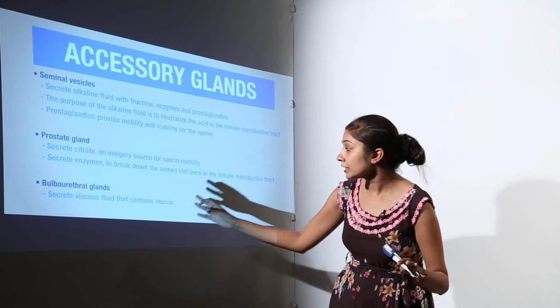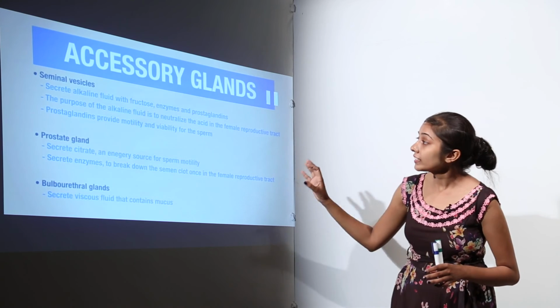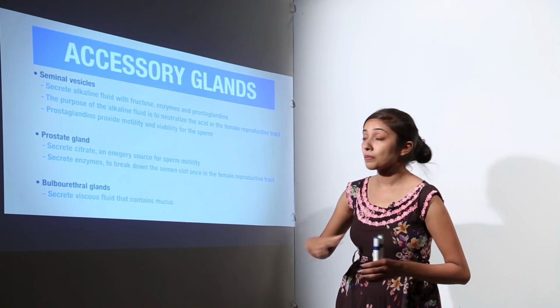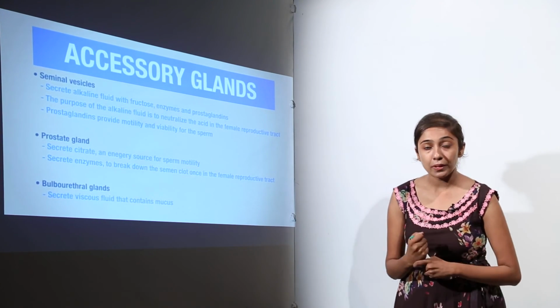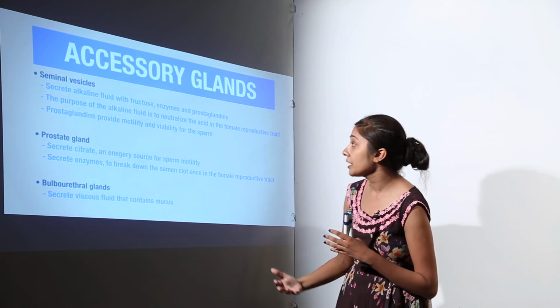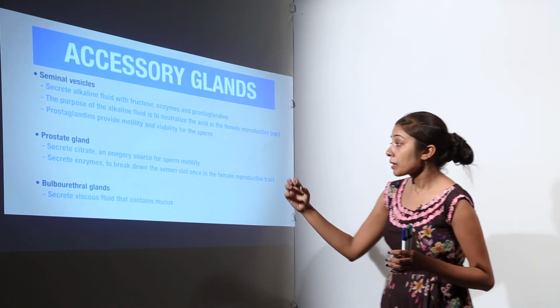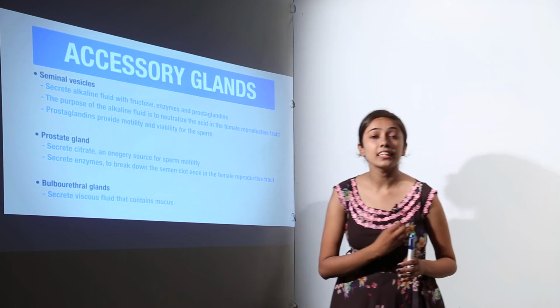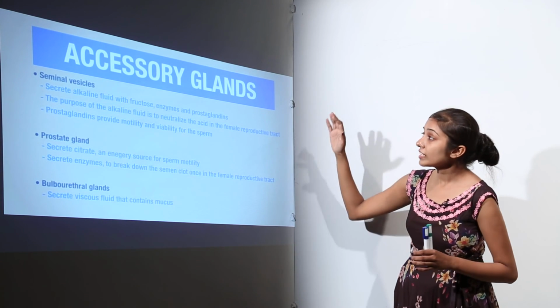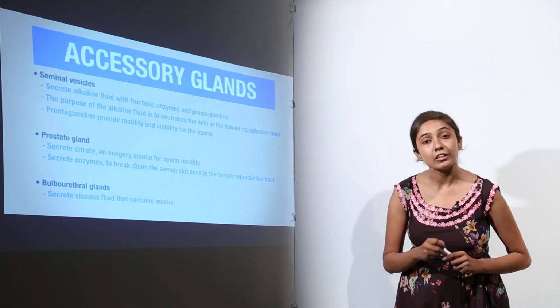They secrete viscous fluid that contains mucus. Okay. So this is how these accessory glands, the supporting glands, are helping for the passage of the sperms by giving energy, by neutralizing the acid in the female reproductive tract, by secreting viscous fluid that contains mucus, right. So these are the functions of the accessory glands that are there in the male reproductive tract.